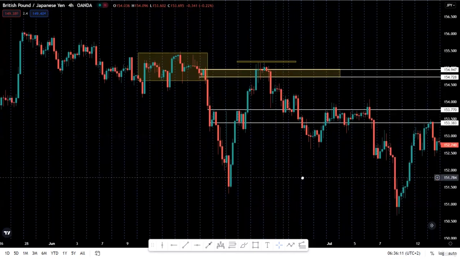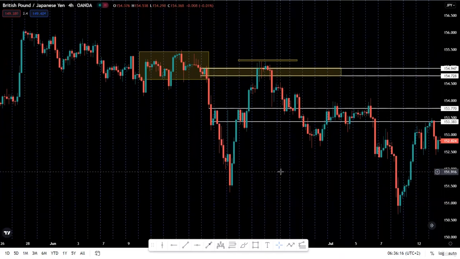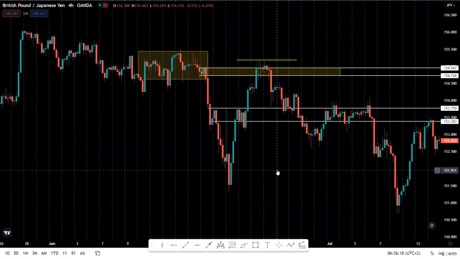You can trade the market just like this without having anything to worry about. So the market ended there.